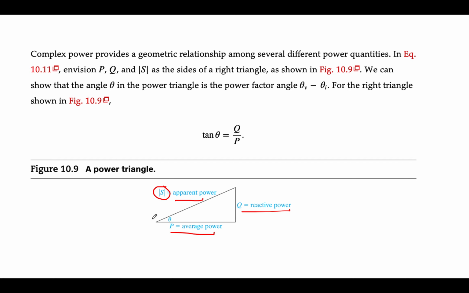So it's kind of cool because basically they form similar triangles. Theta is the phase difference. It's the power factor angle, the difference between the voltage and current. So it gives you some idea of how close you are to 1 with your power factor by looking at the power triangle.